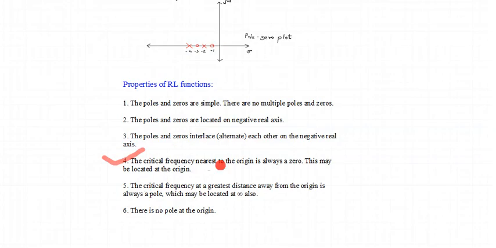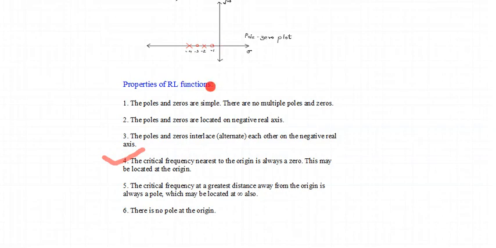Rest all the properties are very similar to RC, but the distinguishing property is the fourth property, which says that the one which is closest to the origin is always the zero. It is the zero which is closest to the origin, and with this we can identify that this particular function is an RL function.